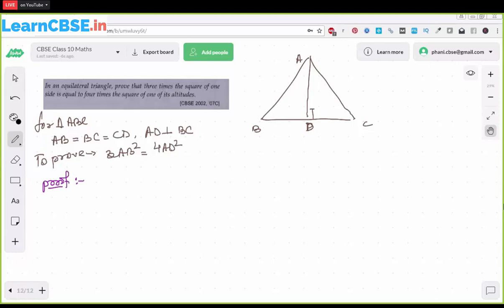So under the proof it will come. It's given AB equals AC. So obviously all the angles are 60 degree here. It's an equilateral triangle, all the angles are 60 degree. And this is 90 degree. So the other two angles will be 30 degree each.